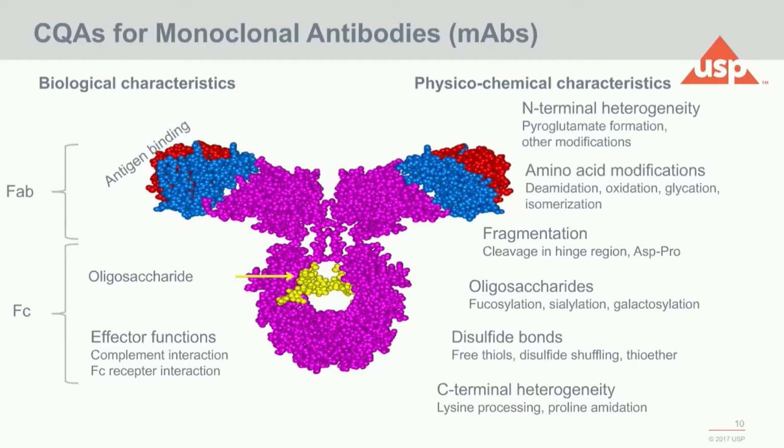Glycosylation is very important, in particular the fucosylation, sialylation, and galactosylation tend to be, for many molecules, a critical quality attribute. The disulfide bonds, particularly if there's disulfide shuffling, might change the structure and therefore the function of the molecule. And C-terminal heterogeneity, in particular, tends to be lysine clipping.